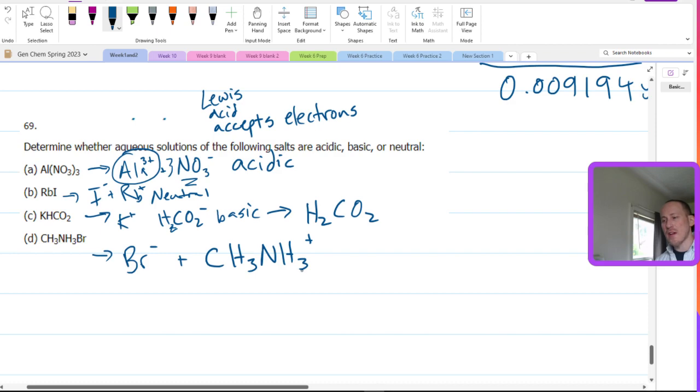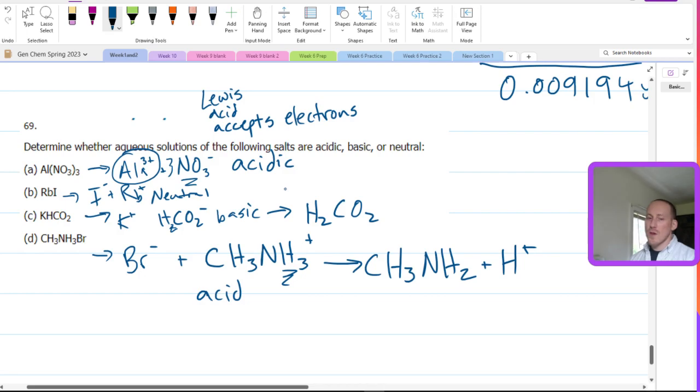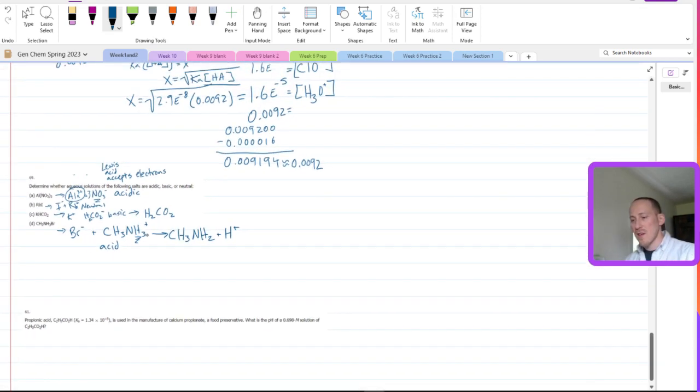I think that would actually love to get rid of a proton so that it could become CH3NH2 without a charge, methylamine. So in that case, I'm going to say that this is an acidic one because it would love to get rid of a proton. So the big maxim that I employed there was that the conjugate base of a strong acid is non-reactive, essentially. The conjugate acid of a strong base is non-reactive. That's what makes the other thing strong.